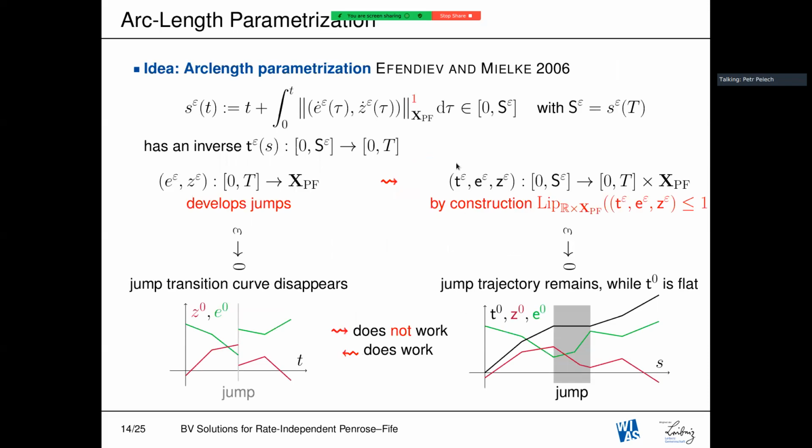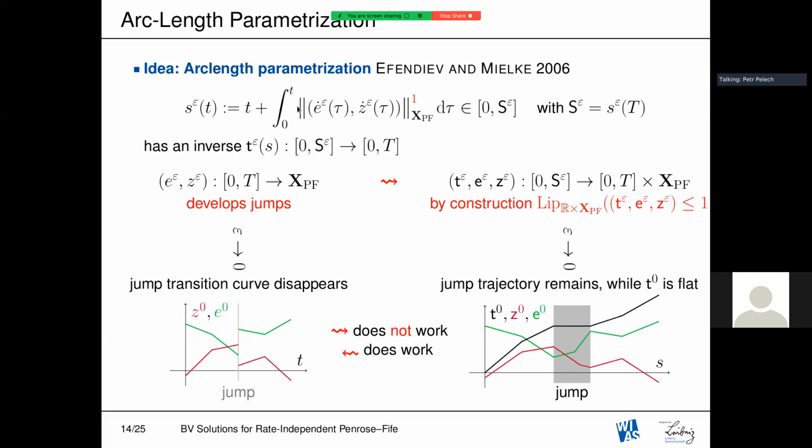So the idea how to even describe the effective solution is to use the arc length parameterization. So instead of a function of time, we define the length of the curve. If you move this t under the integral, then it's 1 plus this norm.